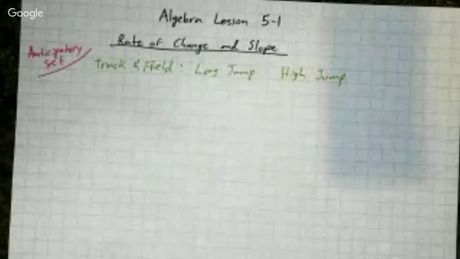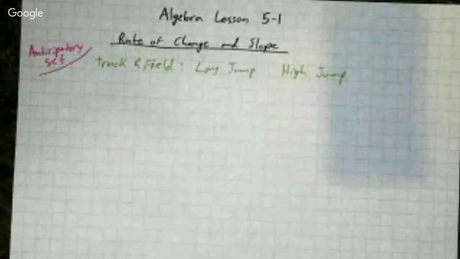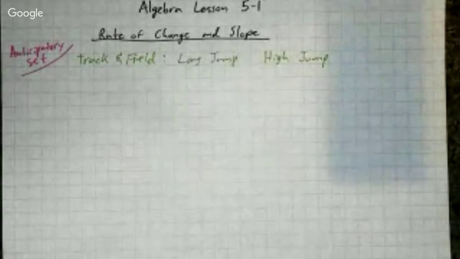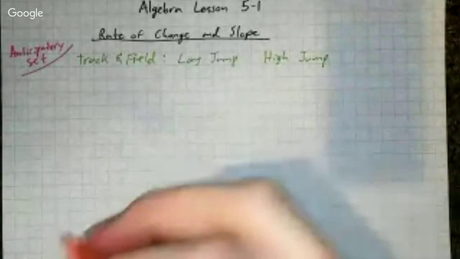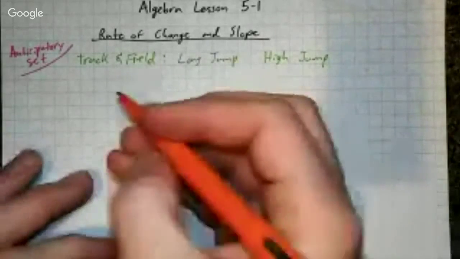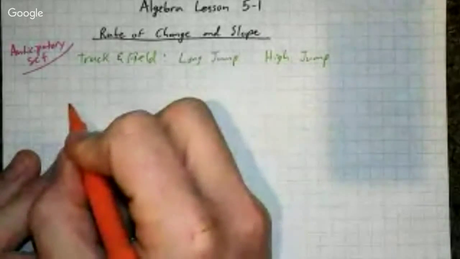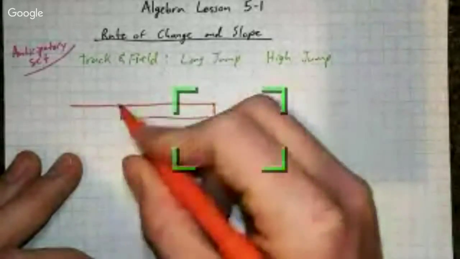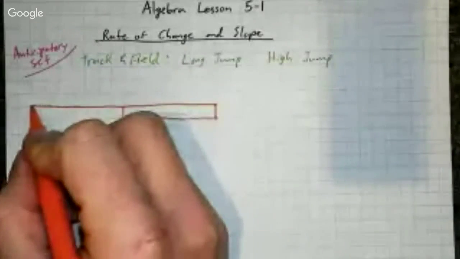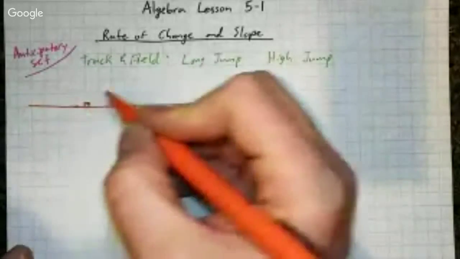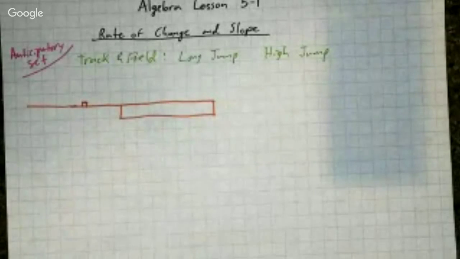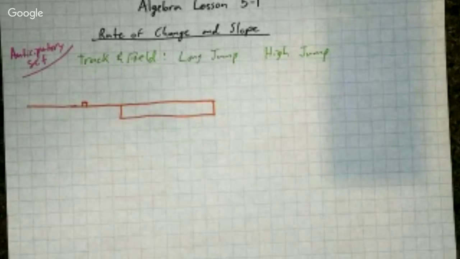So there's a very big difference in these two events. The long jump and the high jump, they both have to do with jumping, but they both have very different purposes. So I'm going to sketch out for you what it looks like to do the long jump and the high jump. So the long jump has this sand pit right here and a very long runway. And there's this little strip of white on the runway, and as you run towards it, you jump as far as you can.